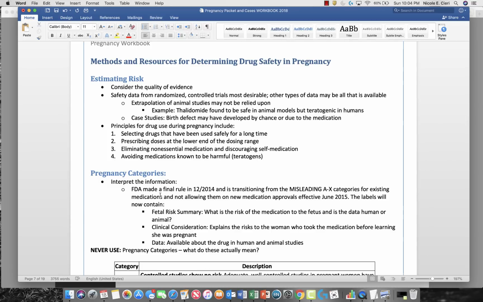So teratogens might cause fetal harm. Pharmacokinetic changes that occur during pregnancy might cause fetal harm.